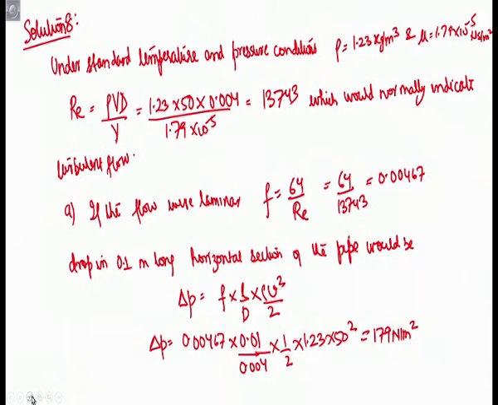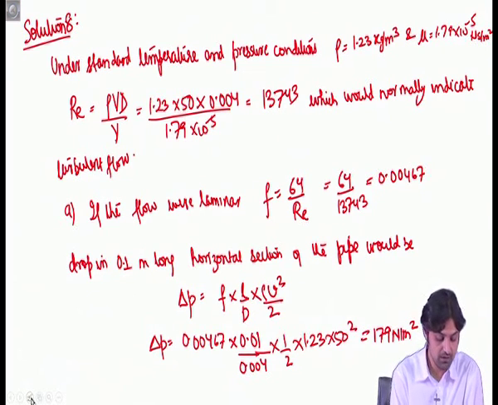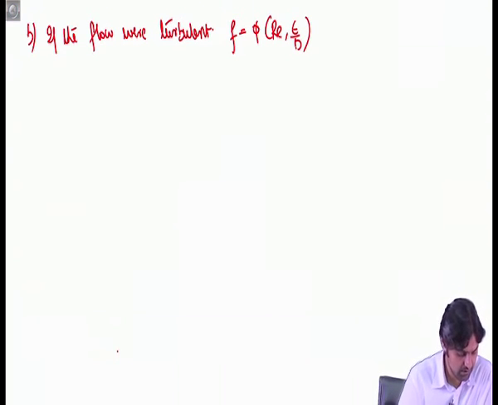So we could actually have used directly the formula for delta P, but now before we go to the next part, it says if the flow were turbulent, then F is a function of Reynolds number and epsilon by D.